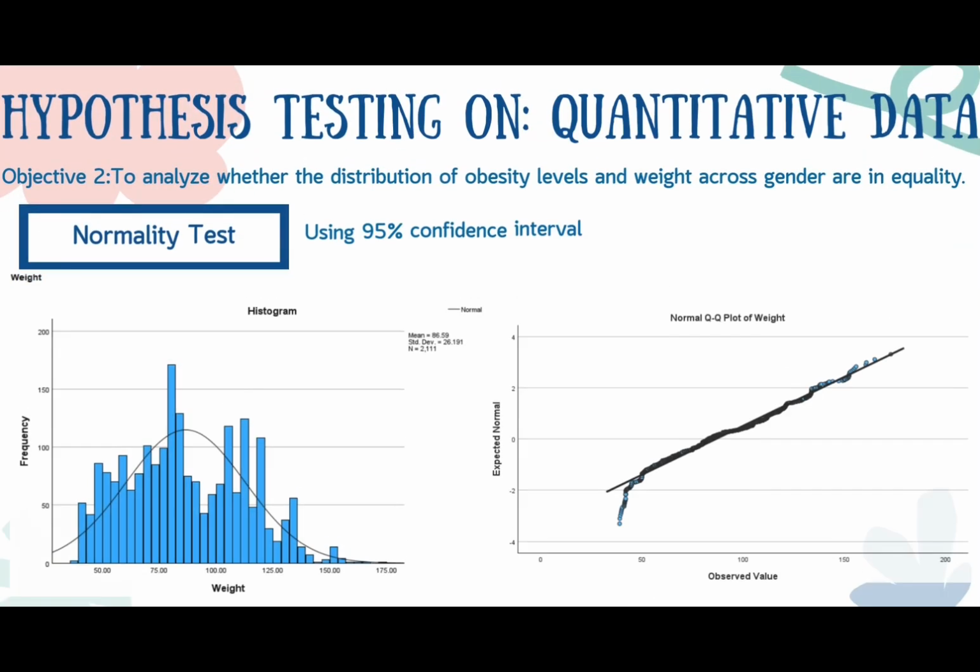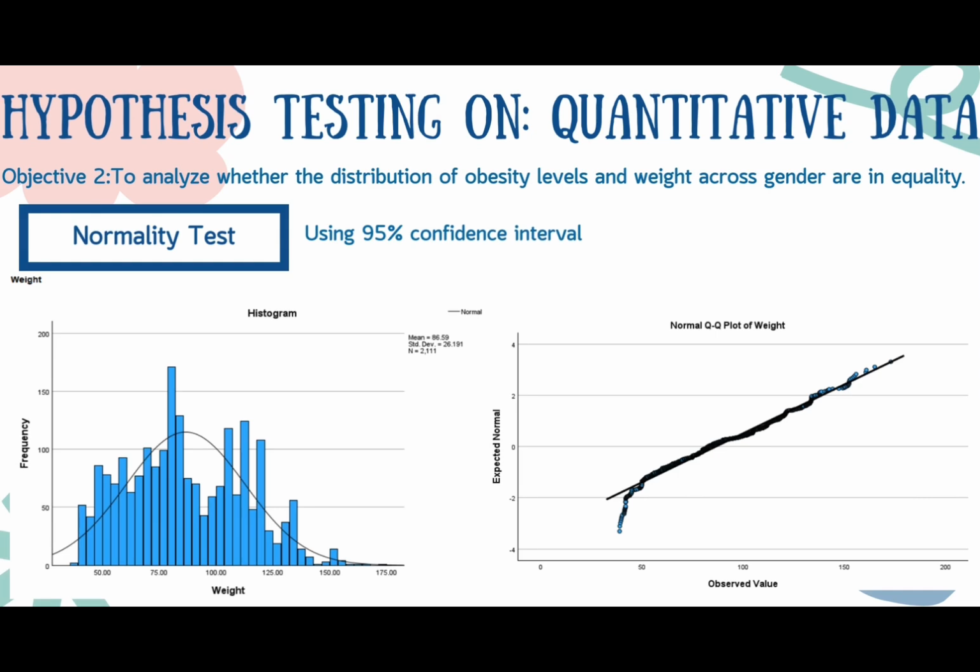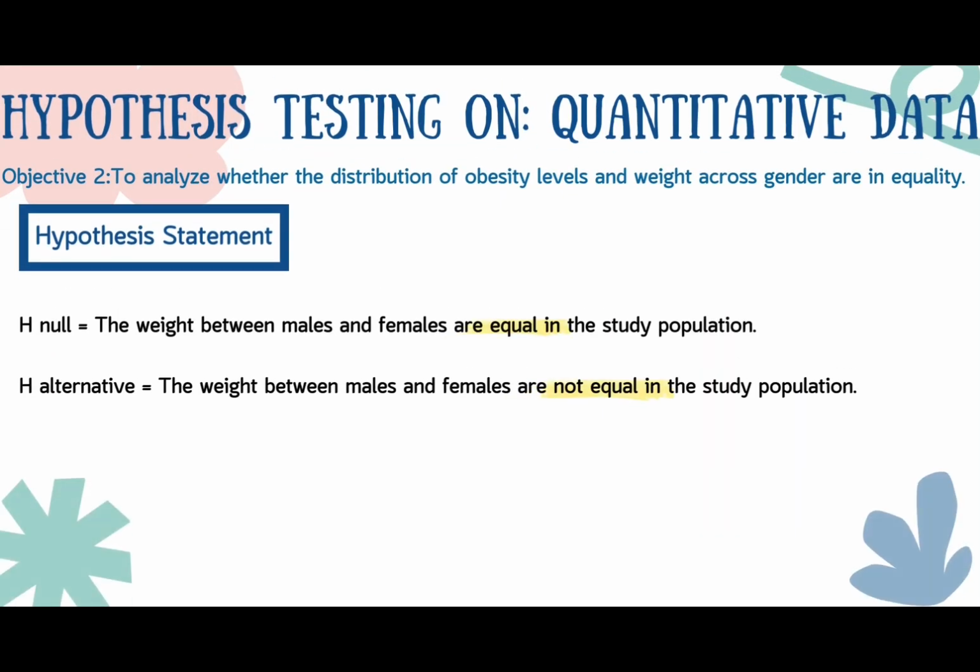The histogram and normal QQ plot also show that the weight is not normally distributed. There exist outliers in the data of weight, where the maximum weight is 173 kilograms, while the minimum weight is 39 kilograms. After determining that a non-parametric test is needed, the hypothesis statement is formulated.